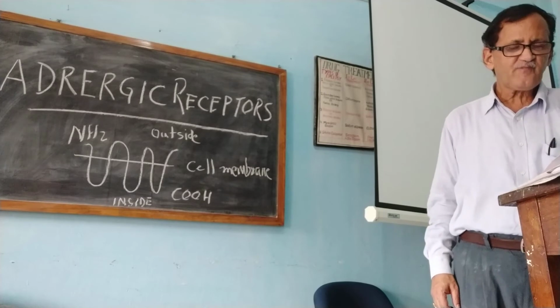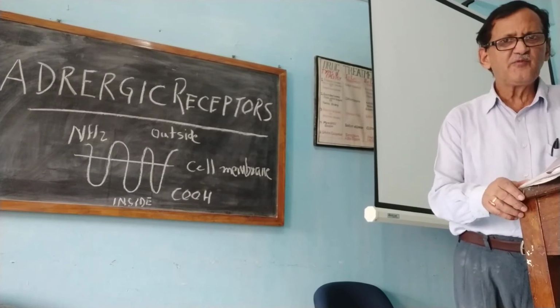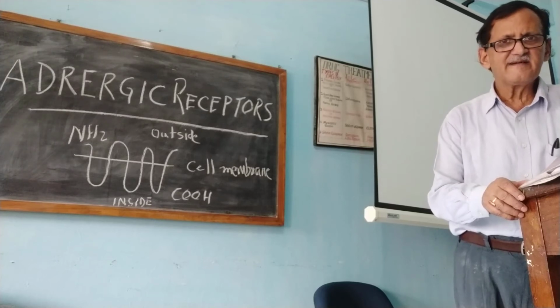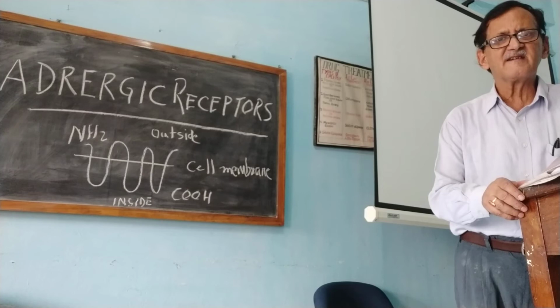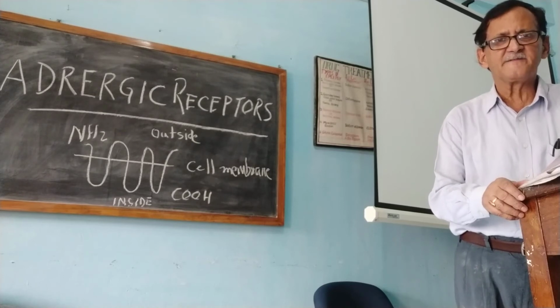Then contraction of the dilator pupillae muscle and active mydriasis occurs. The sympathetic system is concerned with fight and flight. So during flight the pupils have to be dilated.